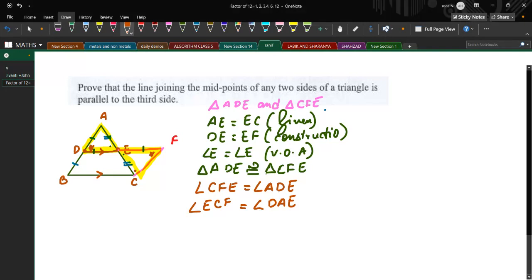And the one side which was not equal will become equal now. D corresponds to F, A corresponds to C, E corresponds to E only.